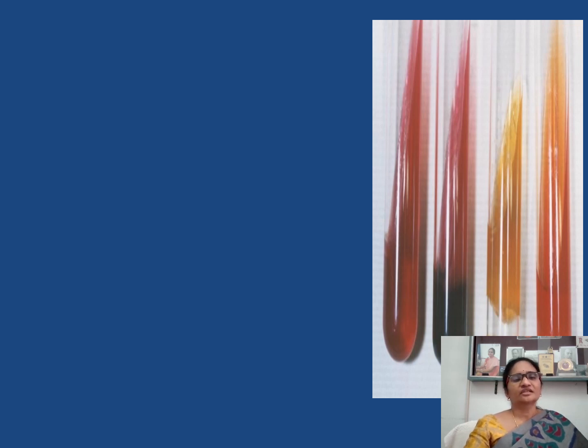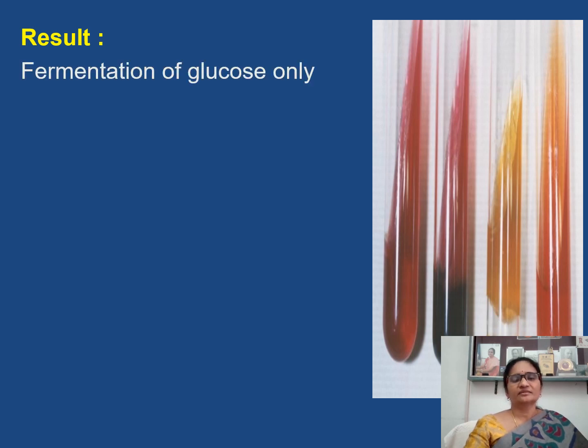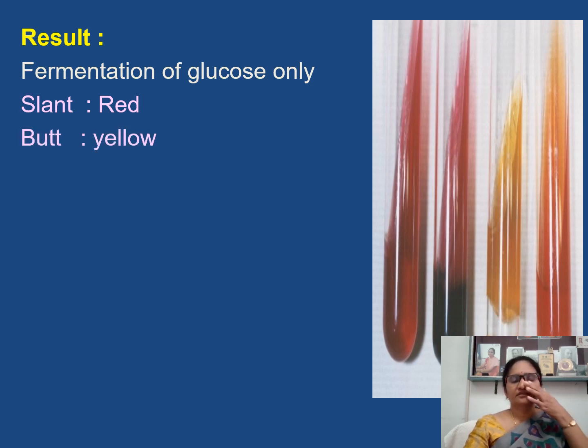And then we have to incubate overnight, and after overnight incubation you can see the color change. See here, if you are observing yellow color on the slope and pink color in the butt, that indicates glucose fermentation, right? Yellow color in the butt and red color in the slope.